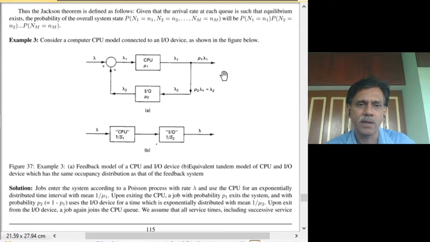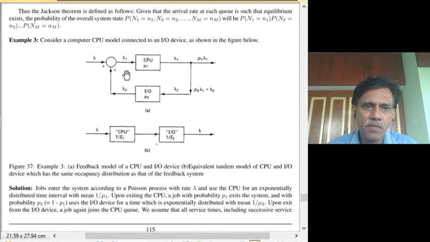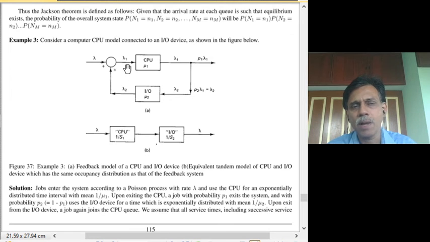So how do we analyze it? We will call this arrival rate lambda 1. We can see that lambda 1 is nothing but lambda plus lambda 2. And because lambda 1 is the arrival rate to the first queue, the departure process of the first queue, the CPU queue, is again Poisson with the same rate lambda 1.